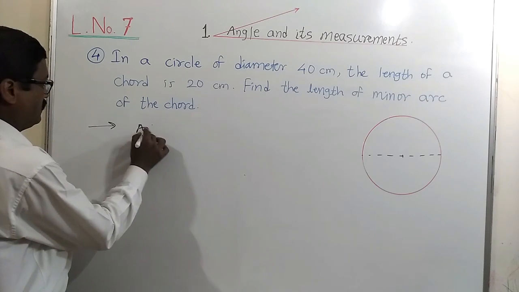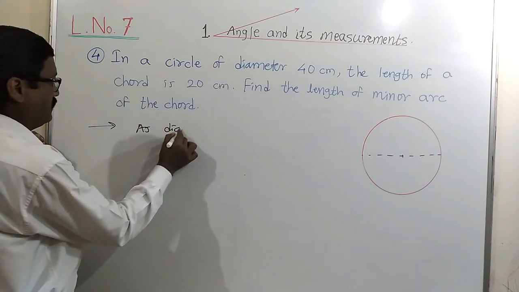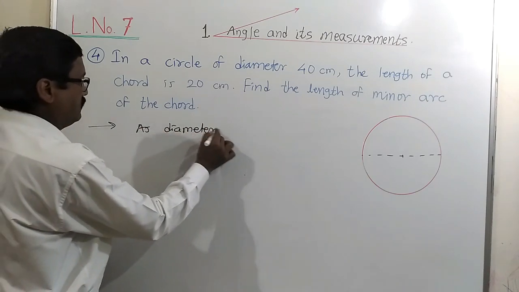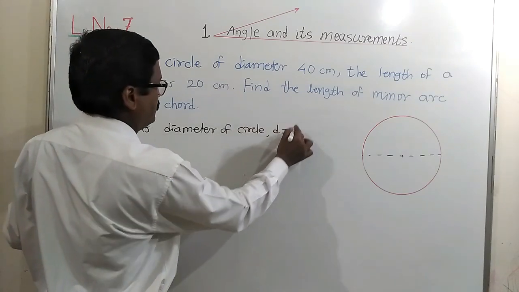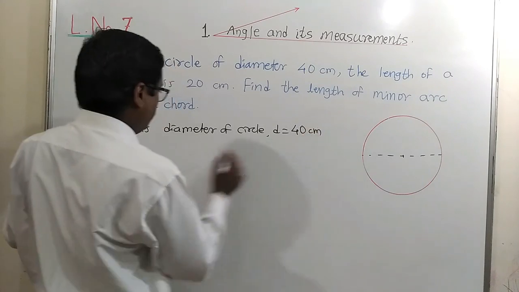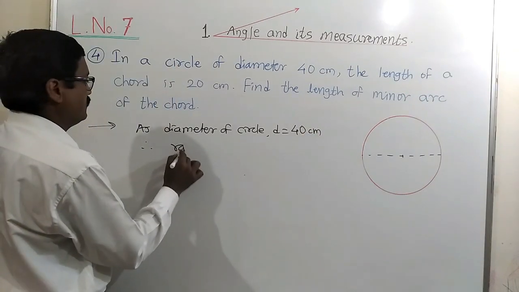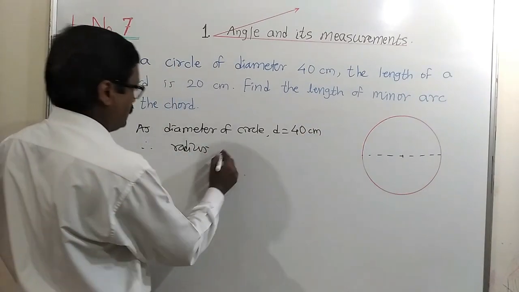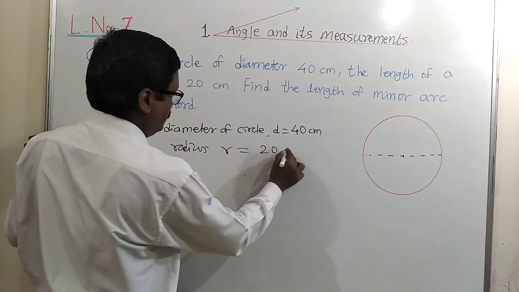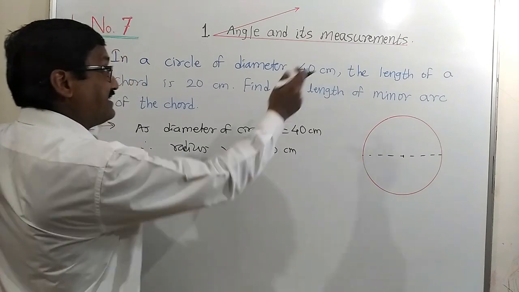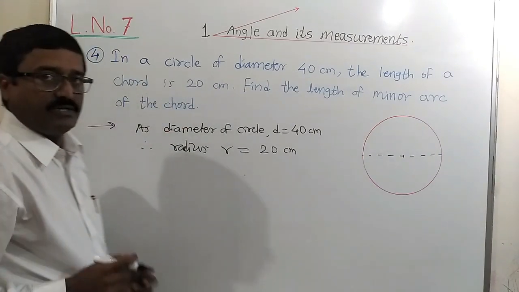So, as diameter of circle D is equal to 40 cm, therefore radius R equal to obviously 20 cm. And the length of the chord is given also 20 centimeter.